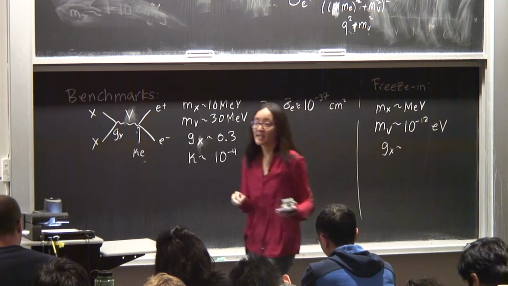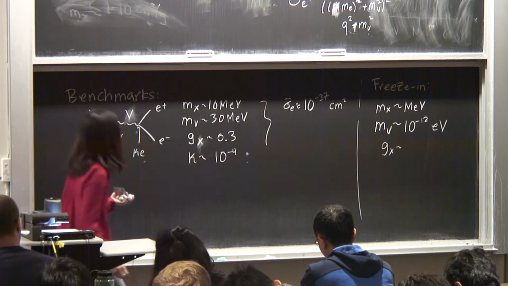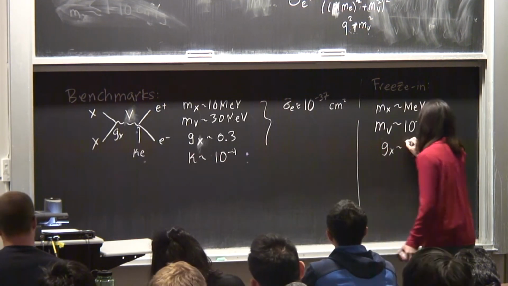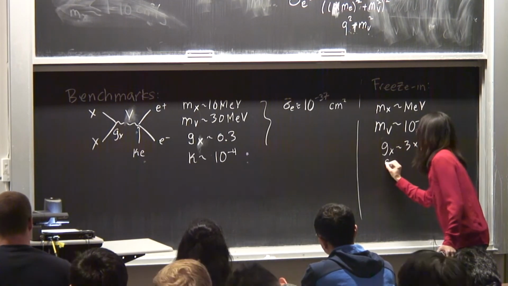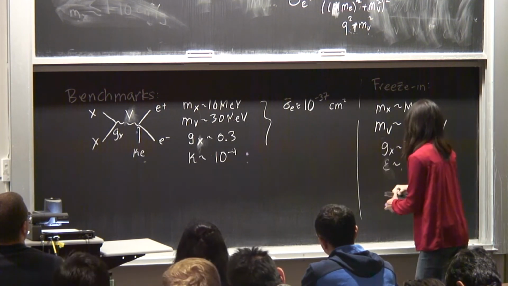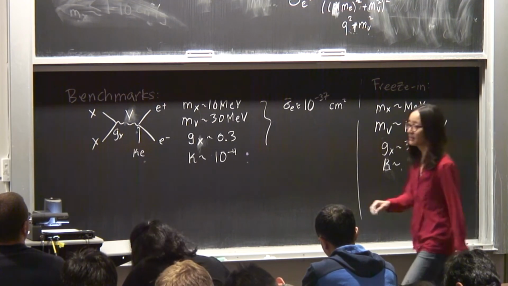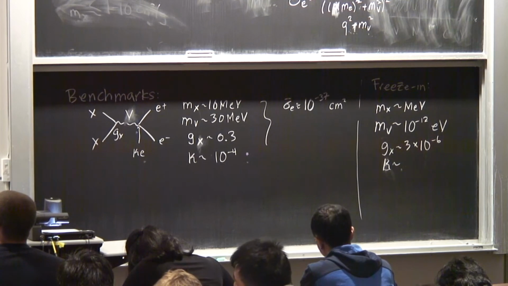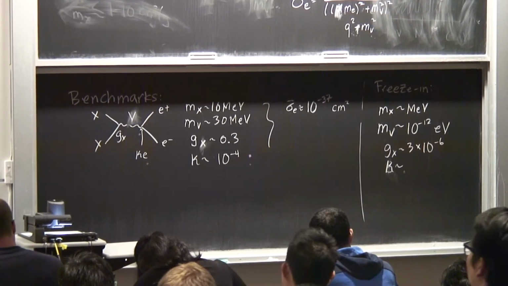To satisfy the self-interaction constraints with such an extremely light mediator, I need to now turn down the dark matter coupling with the mediator. So it's about 3 times 10 to the minus 6. I just need to pick this kinetic mixing to satisfy the bounds I sketched over there. So I can pick about 10 to the minus 6. So that benchmark is going to be somewhere around here, just below the constraints.